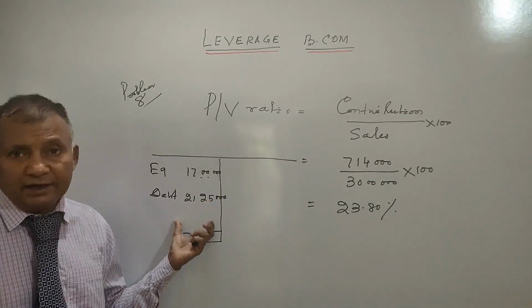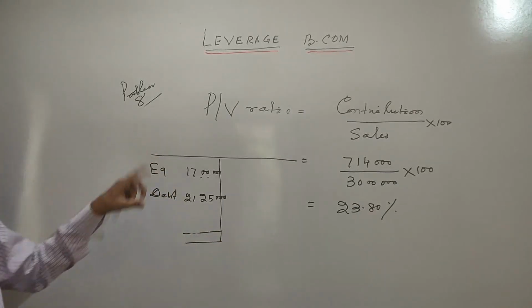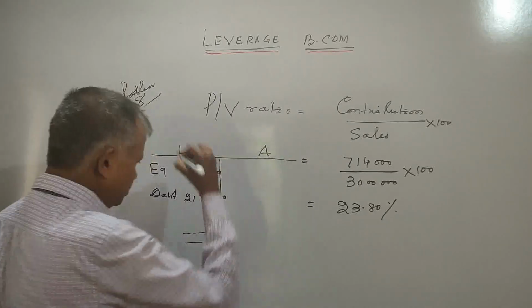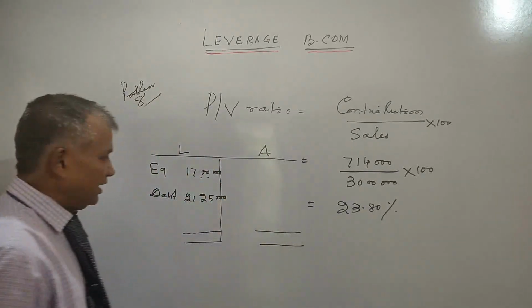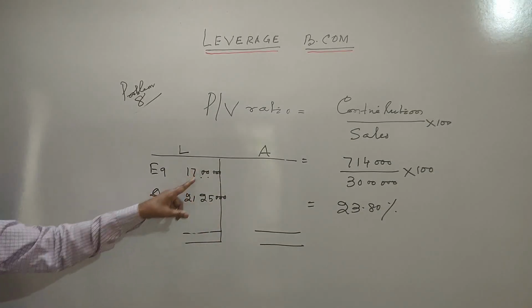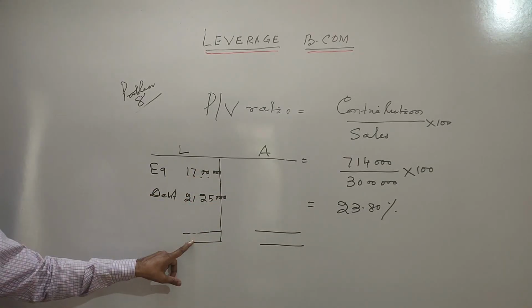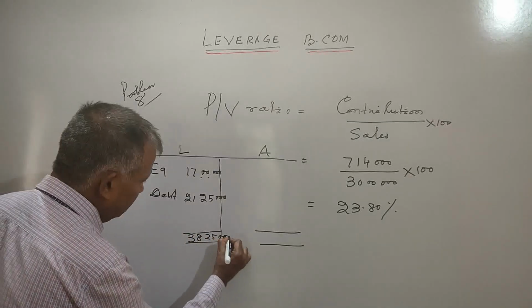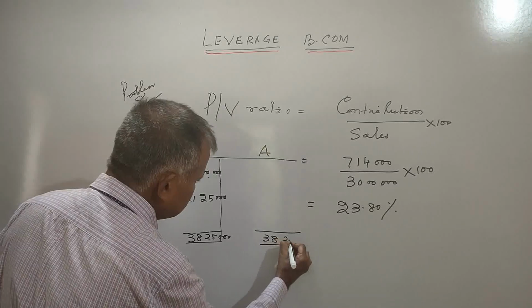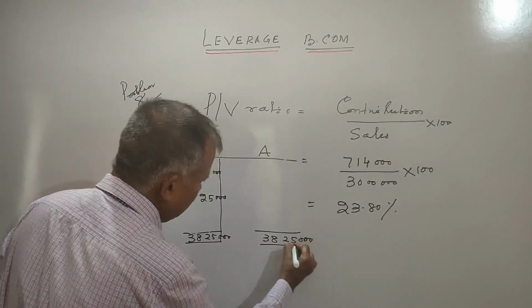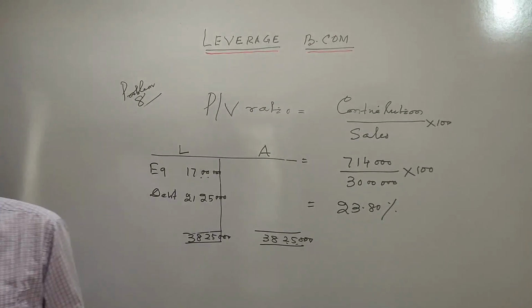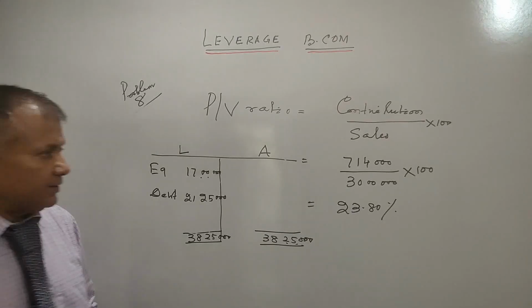Assuming there is no current liability here, we always know the liability is equal to asset. So the total assets will be equal to the total liability. The total liability is 38,25,000, and the total asset is 38,25,000. So asset turnover is your sales divided by total assets.